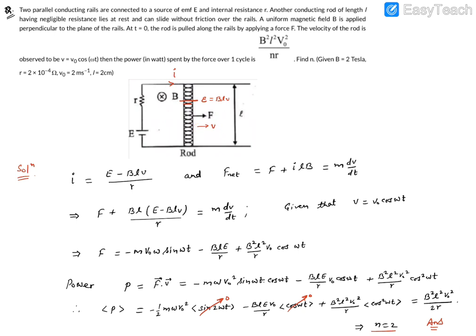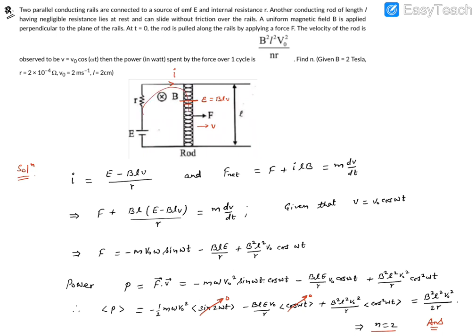Now, at the moment it has a velocity v, there is going to be an EMF induced on this rod, a motional EMF, of BLV, because B, L and V are all three mutually perpendicular. And this will have a polarity: this is positive, this is negative. You can check for the polarity.